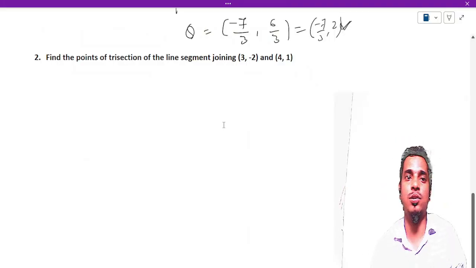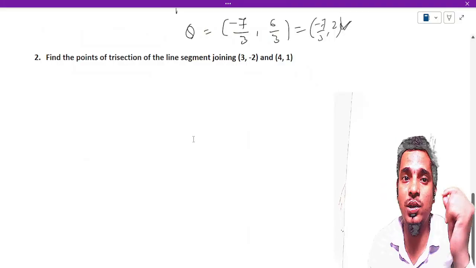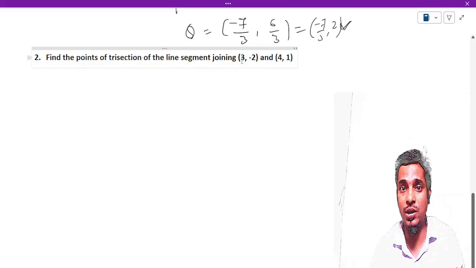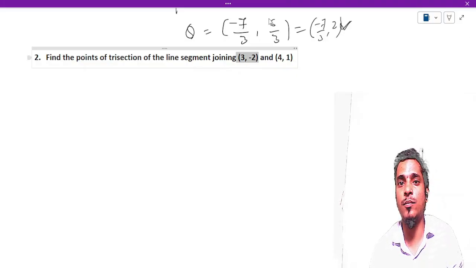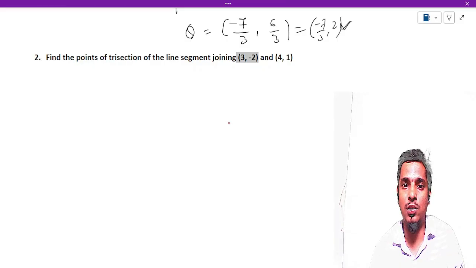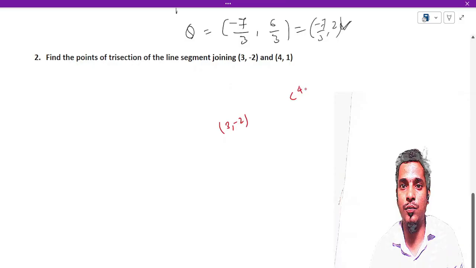Let's say we have another question in which we need to find the points of trisection of the line segment joining the 2 points. So here the points are 3 comma minus 2 and 4 comma 1. We want to find the points of trisection of the line segment joining these 2 points.